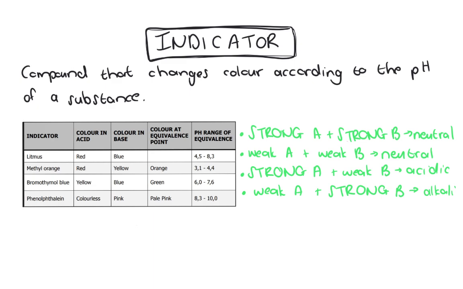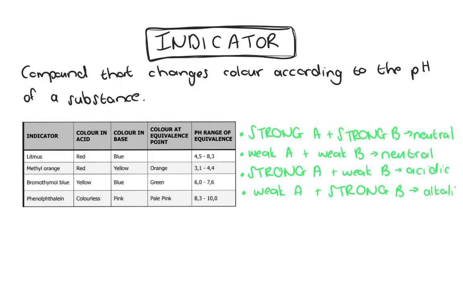So that's why it's very important to choose my indicator correctly. Because if I have, for example, a strong acid that reacts with a strong base, my equivalence point, like we said, is going to be reached at a pH of around 7. So if I choose, for example, this indicator over here, the methyl orange, then I'm going to add and add and add my acid or my base, but the color isn't going to change because it only changes color in this pH range.